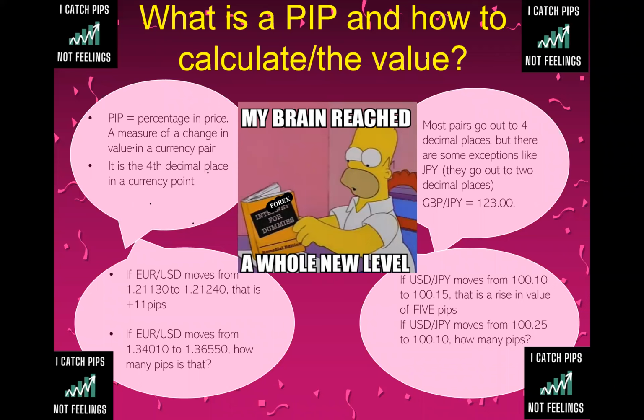Okay, so if USD JPY goes from 100.74 to 100.55, how many pips does that give you? Sorry, repeat the question. It starts at 100.74 and goes to 100.53.